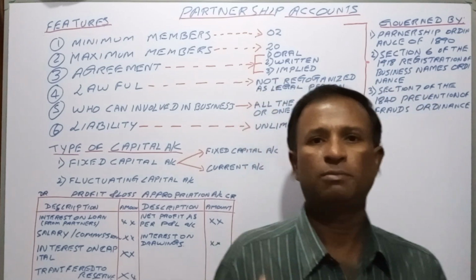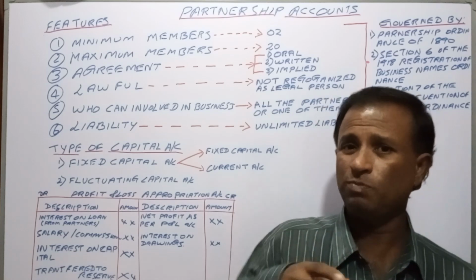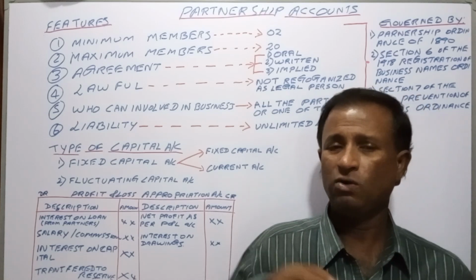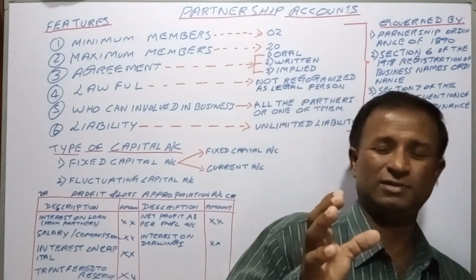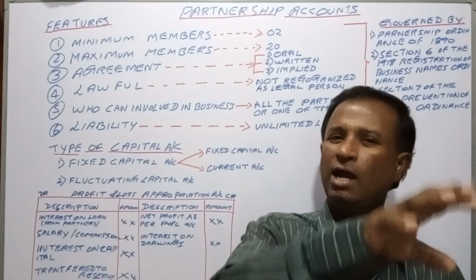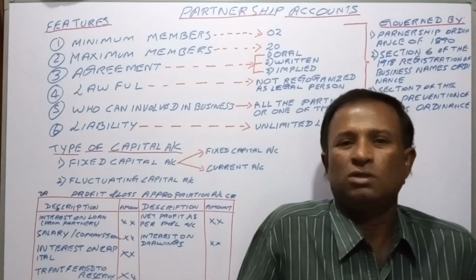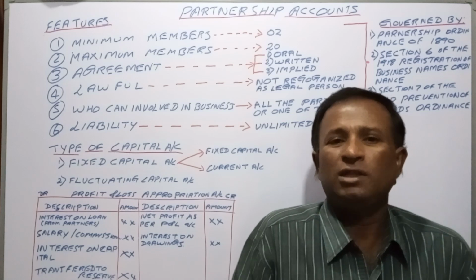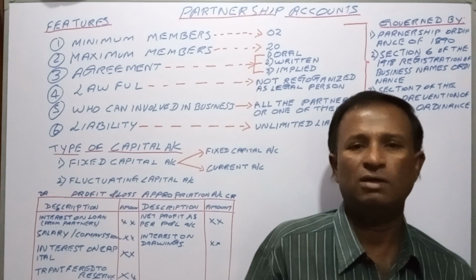But in the partnership and the sole proprietorship, individual partners and the owner have to bring their own funds to settle the liabilities which arose during the business activities, right?